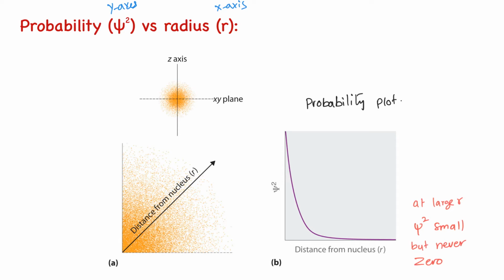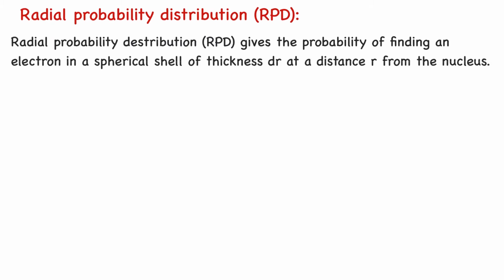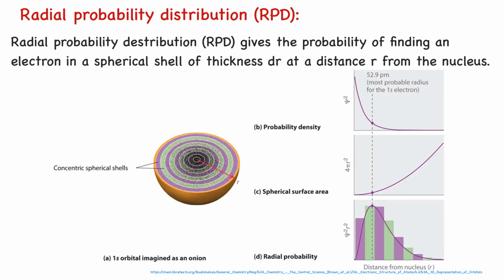The third way to visualize an orbital is called the radial probability distribution plot. The radial probability distribution, RPD, gives the probability of finding an electron in a spherical shell of thickness dr at a distance r from the nucleus.